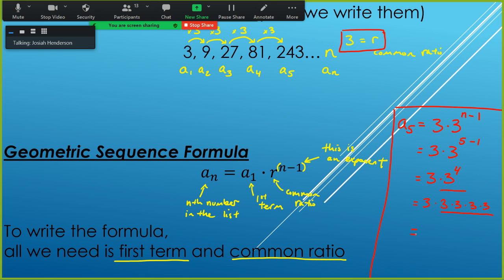Do we get what we wanted to get? We were hoping this would be 243. Because we already know the answer. We knew the 5th term up here in the list was 243. So we're just checking our formula to see if it works. 5th term.